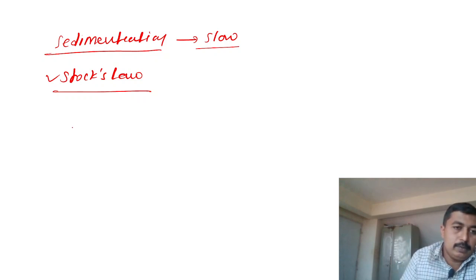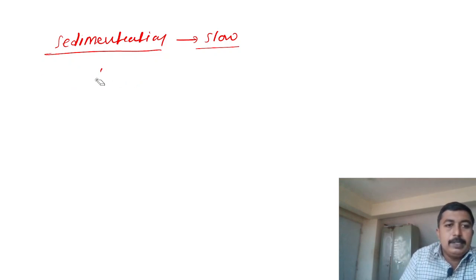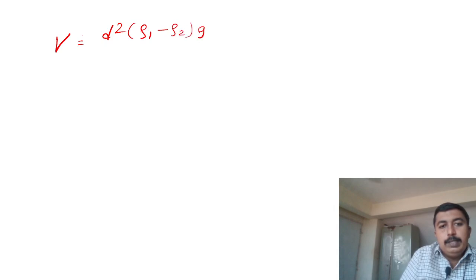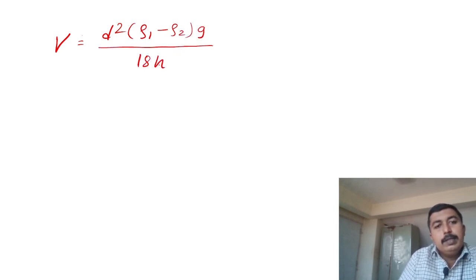So we'll see the equation for Stokes law also. Stokes law gives you the rate of sedimentation. So sedimentation velocity V is equal to d square (rho 1 minus rho 2) into g, the gravitational force, divided by 18 into eta. This is the equation for Stokes law.